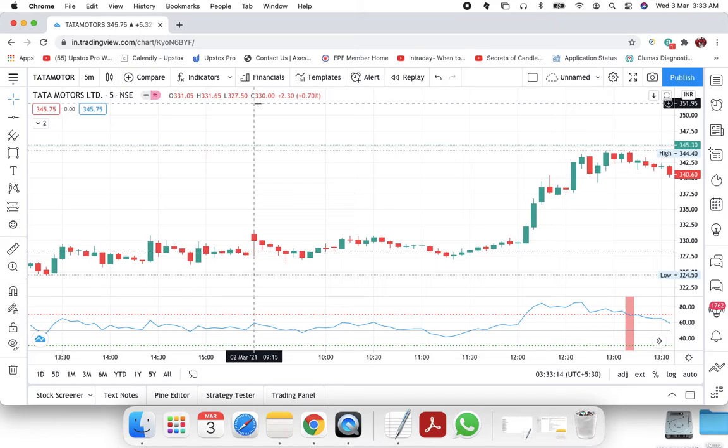For example, if there are consecutive green candles, then you can say the buyers are active, and if the candle's high becomes higher and higher, it means that the trend is an uptrend.